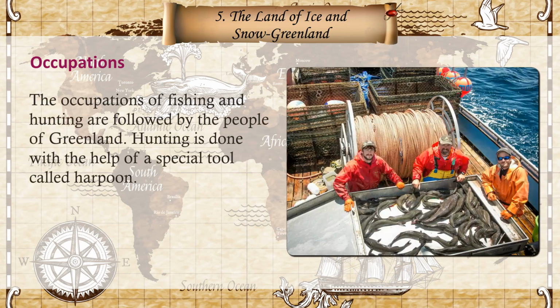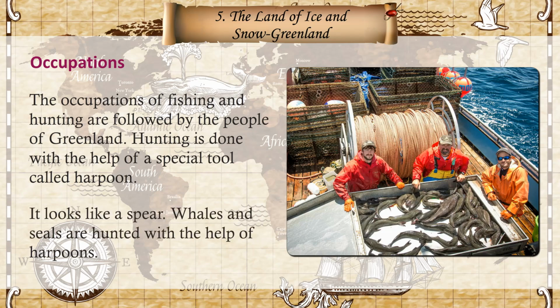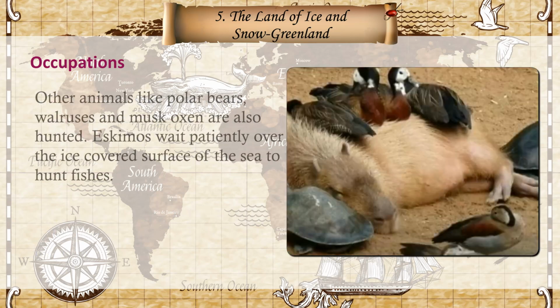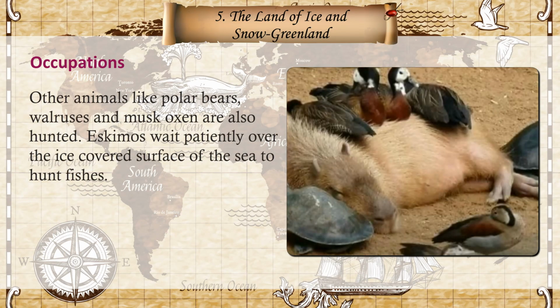Occupations. The occupations of fishing and hunting are followed by the people of Greenland. Hunting is done with the help of a special tool called a harpoon. It looks like a spear. Whales and seals are hunted with the help of harpoons. Other animals like polar bears, walruses and musk oxen are also hunted.